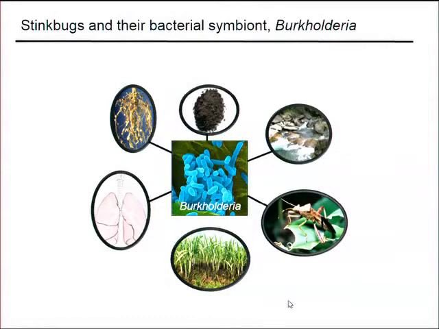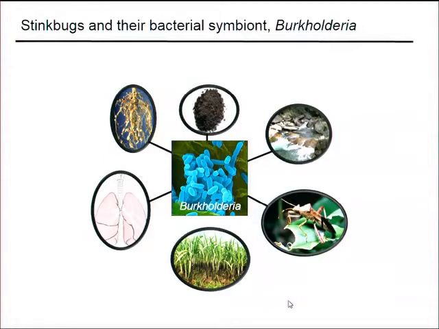And the bacteria that they pick up as a symbiont is Burkholderia. Burkholderia, as we just talked about a little bit, Rachel told you, is a really interesting organism because it can live all over the place. So I'm going to talk to you today about it in bugs. Rachel just told you it can live in some plants, but it's also one of the major pathogens that's found in cystic fibrosis patients, and that's actually what causes a lot of mortality or morbidity in that disease.